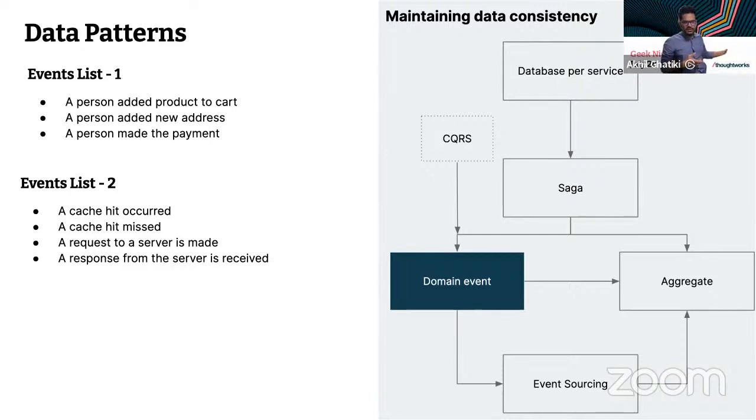One list is absolutely about the domain. One list is totally technical. When you go to a business person in your team, your product owner or anyone, and you say to them that the cache hit has missed or the hit has occurred, why would they bother about it? They would bother if the product got added to the cart or not, right? So these are different types of events that you can think about.